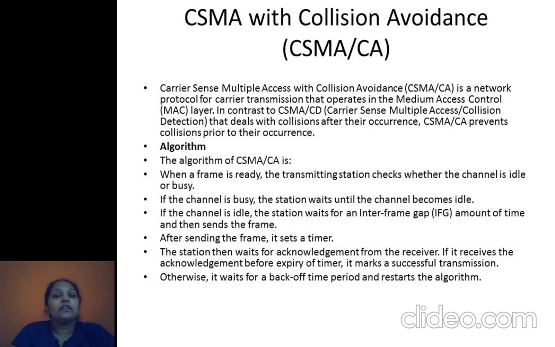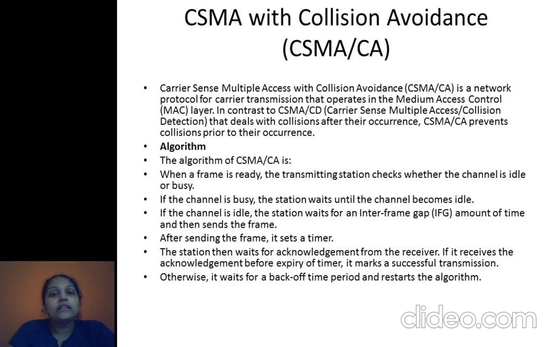Next, it sets the timer. Fourth, the station then waits for the acknowledgement from the receiver side. The sender sends the data to the receiver side, and the receiver gives the acknowledgement for the received data.